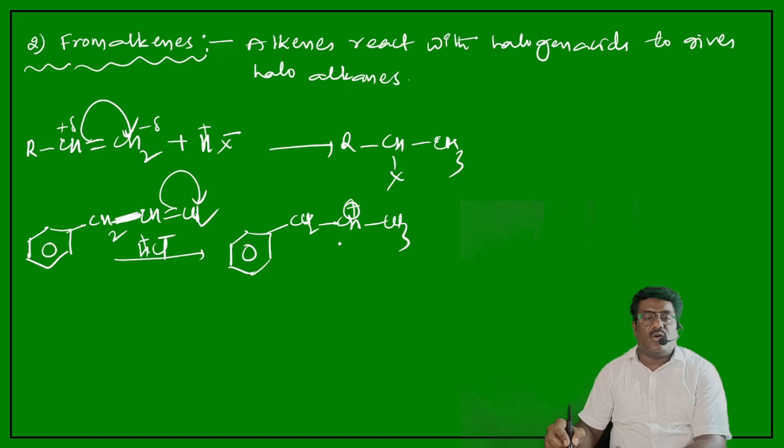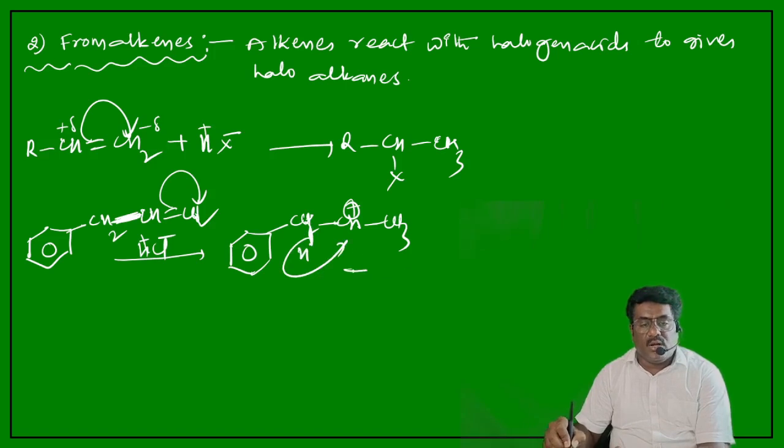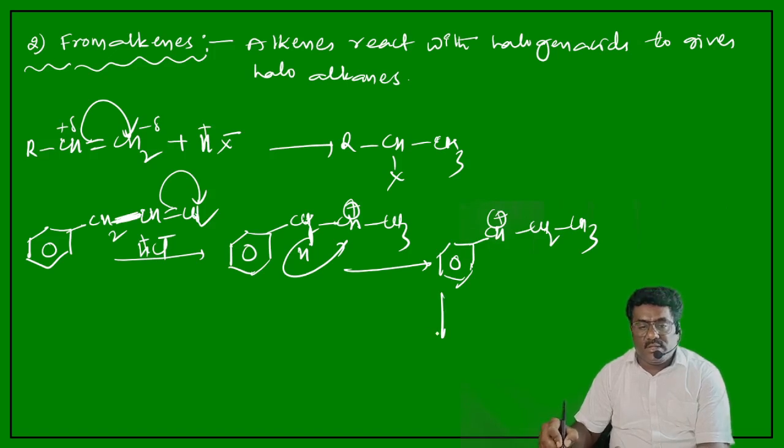It is a secondary carbocation. Rearrangement is possible. This hydride is shifted to the carbocation carbon. It forms CH plus CH2CH3. This is the stabilized carbocation. That's why the product is formed in the presence of Cl.